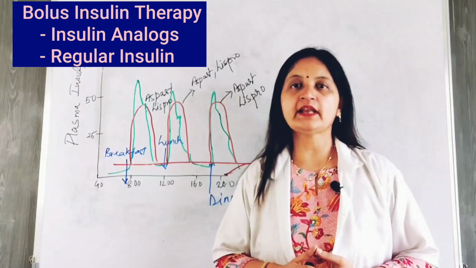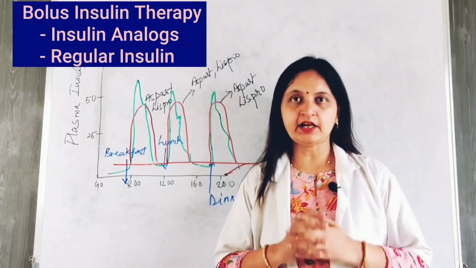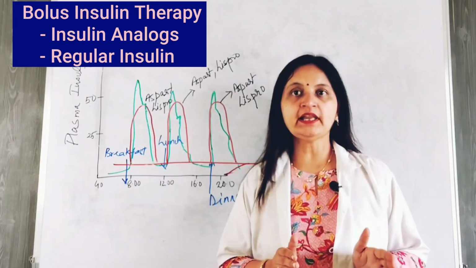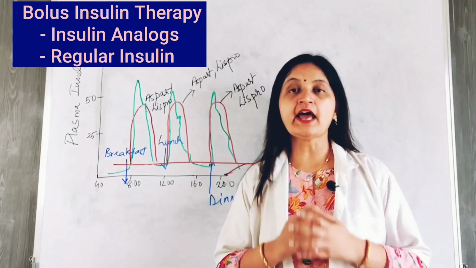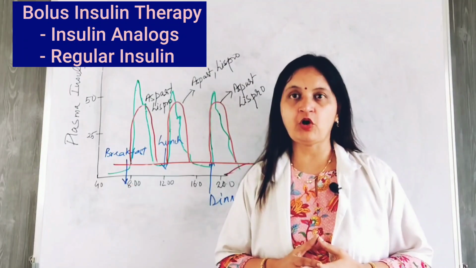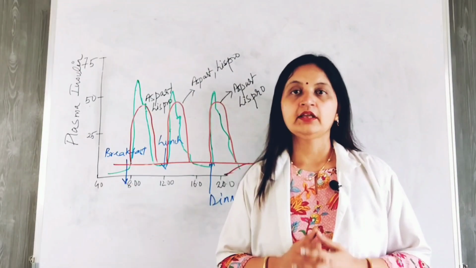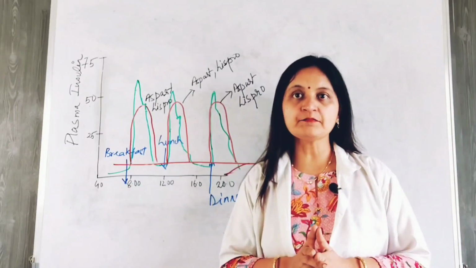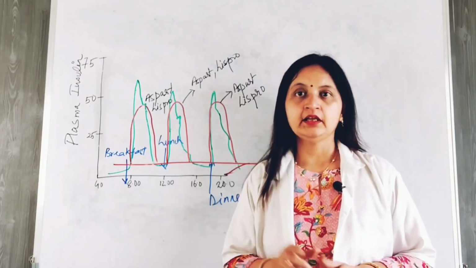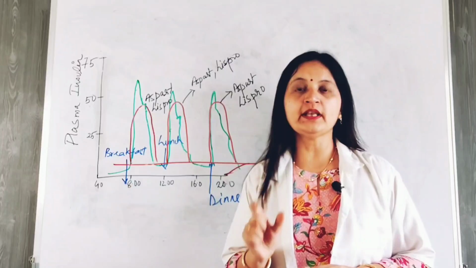Considering bolus insulin therapy for the management of diabetes, there are two options: the insulin analogs and human regular insulin. So what are the differences and which is preferred for the management of diabetes? The insulin analogs include insulin lispro, insulin aspart and glulisine. The regular insulin is human insulin.